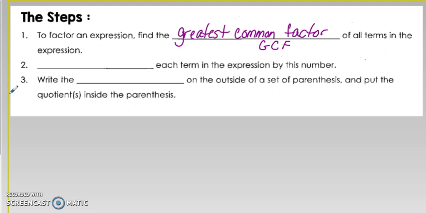Once we find the greatest common factor of all of the terms, that's important, all of the terms in the expression, we will then divide each term by this number, the GCF. When we write our final answer, we will write the GCF on the outside of the parentheses and put the quotient, or what's left over, inside the parentheses.